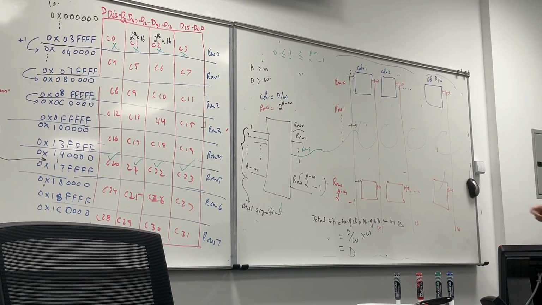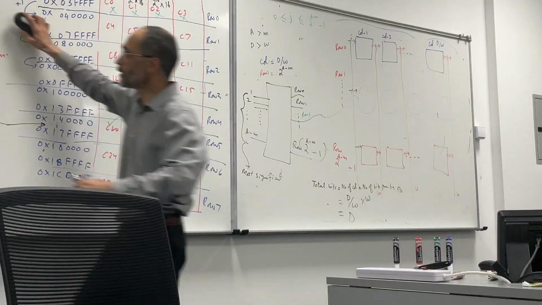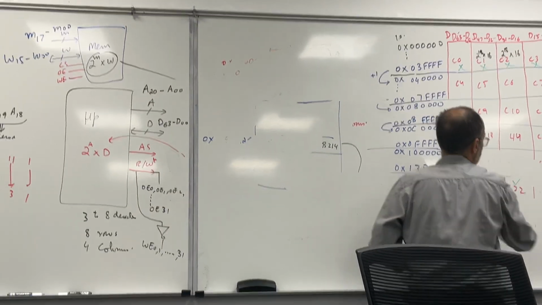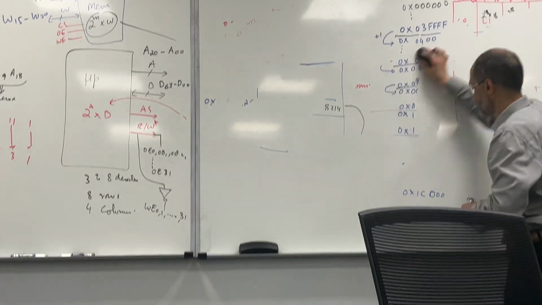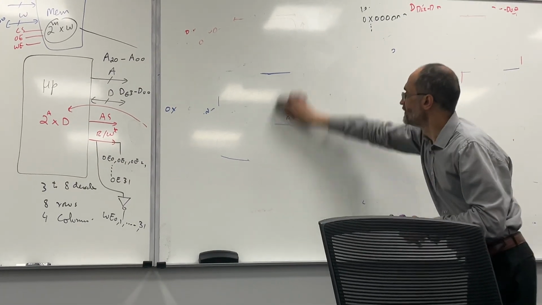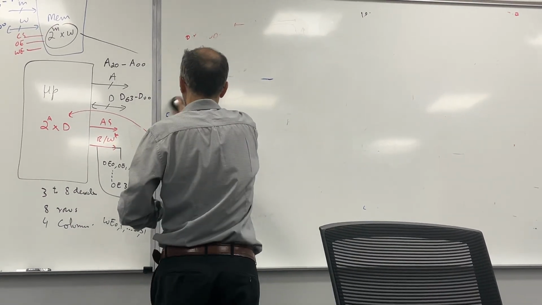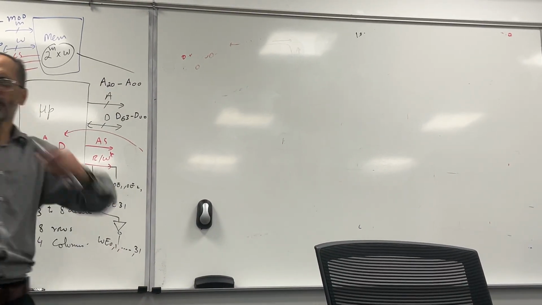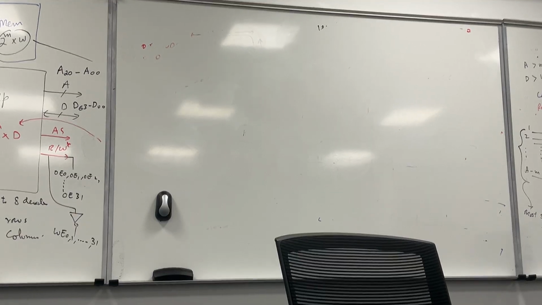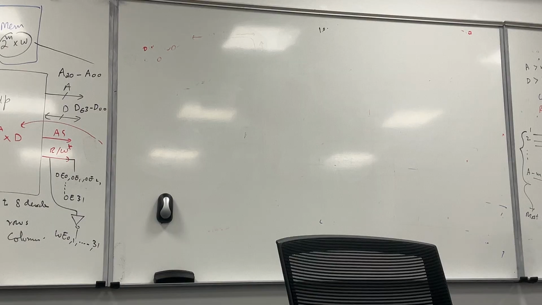So please remember, now I'm going to generalize it. So I'm going to rub this off. Okay, now let's assume we have A lines. How many lines are there?